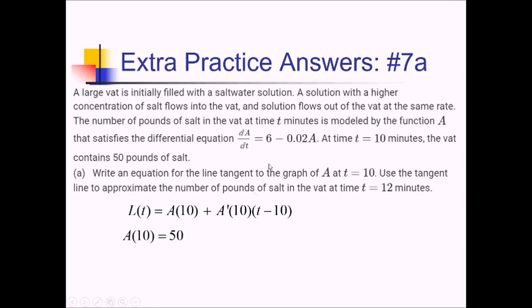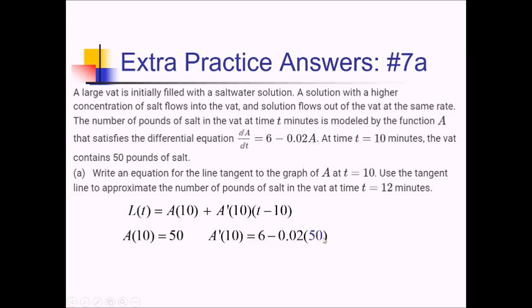Now, to get that, we need to use this dA over dt formula. That's a little tricky, though, because this thing, you'll notice, does not have a t for plugging stuff in. It has an A. So when you plug in 10 to the derivative of A, you actually have to plug in the A value, which is 50, for this A right here.